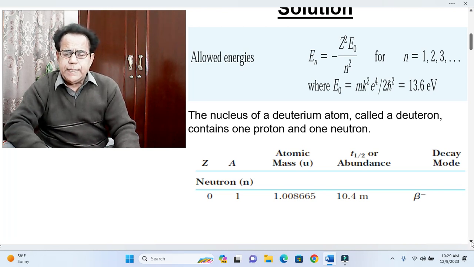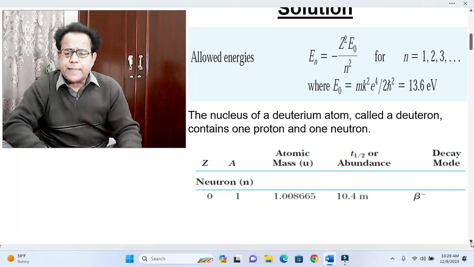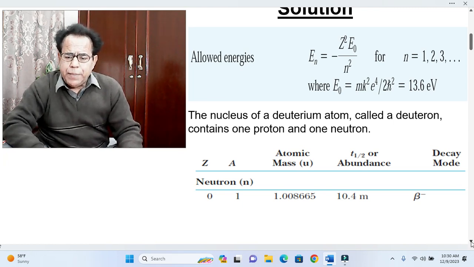Allowed energies: En is equal to minus Z square E naught over n square, for n equal to 1, 2, 3 and so on, where E naught is equal to m k square e to the power 4 divided by 2 h cut square.